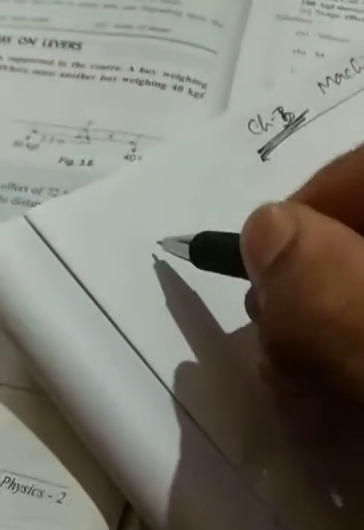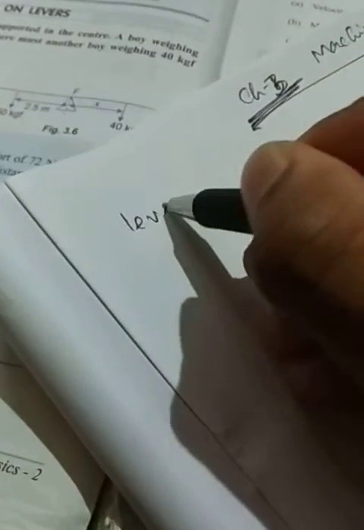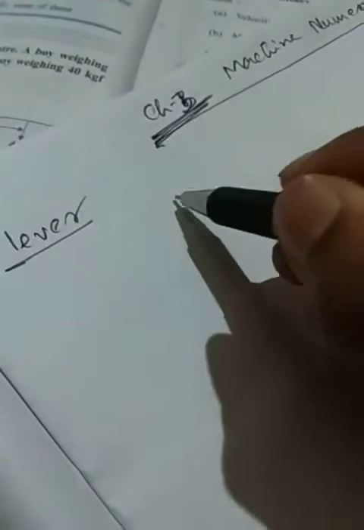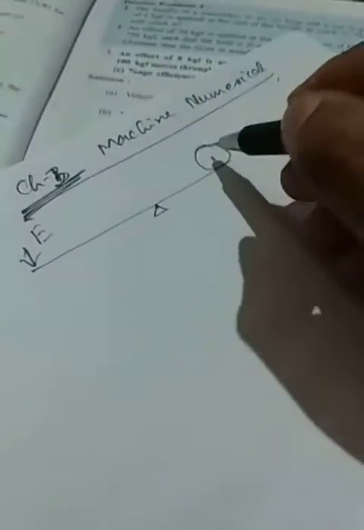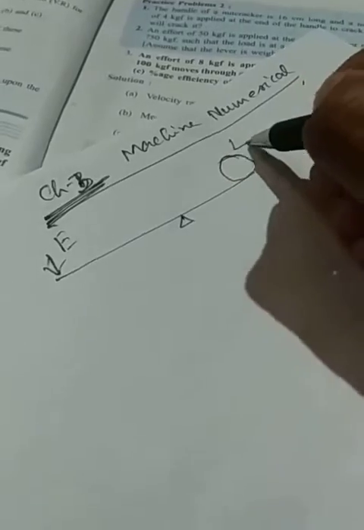First thing, you should try to understand what is called a lever. A lever is a stick or a rod, anything, where there is one turning point, that is called a fulcrum. On one side you have to give effort. Suppose I want to lift up this thing, so I have to apply some effort. On one side we are giving effort, and on the other side we have what is called the load.